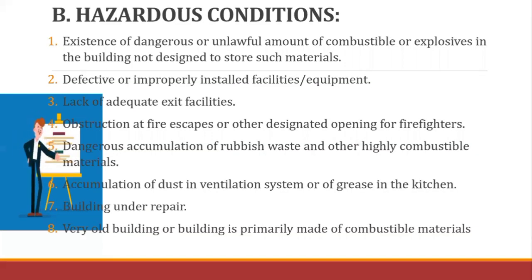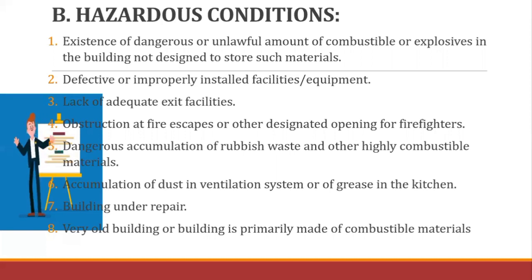Next, we talk about the hazardous conditions. First, existence of a dangerous or unlawful amount of combustibles or explosives in a building not designed to store materials. Defective or improperly installed facilities or equipment that we already talked about, for example, accidental wiring.